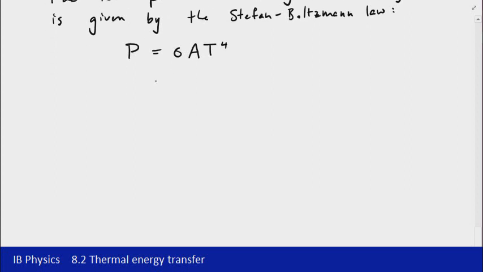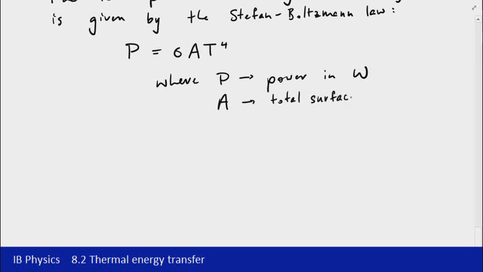Note that I'm not highlighting that one. We need to take it a little bit of a step further. So for a black body radiating energy, P is the power that it's radiating, and that will be in watts. A is the surface area, and as is usually the case with surface area, it's measured in square meters.